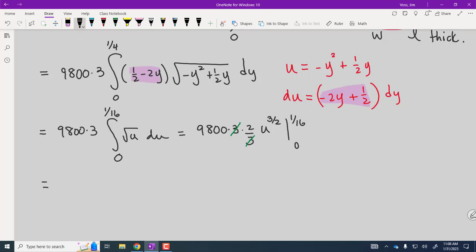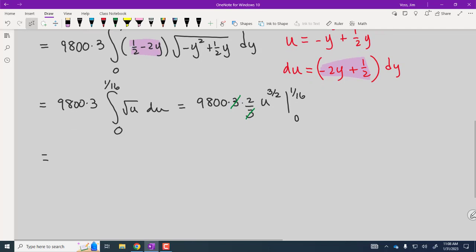And what are we left with then? So we have 9800 multiplied by 2 multiplied by square root of 1/16, which is 1/4. So we have 1/4, but then it's cubed. So in the denominator, we're going to have a 4 times 4 times 4, which is 64.